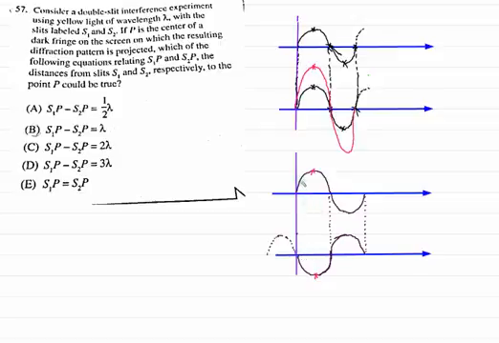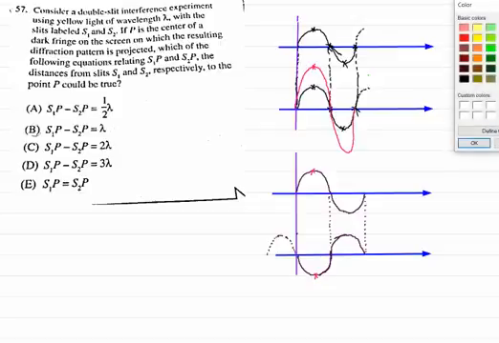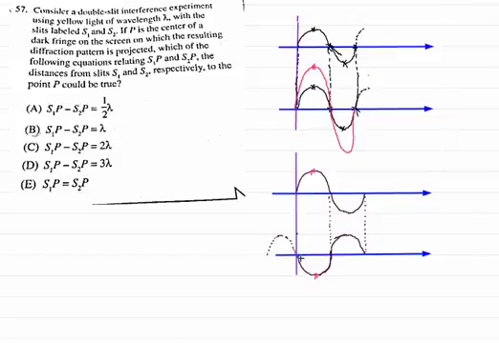Similarly, this one positive, this one negative, cancel each other. As a result, you will get totally nothing, you couldn't see the wave. It's actually 0.